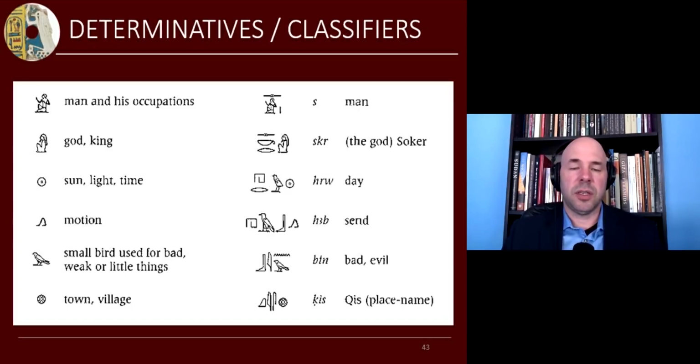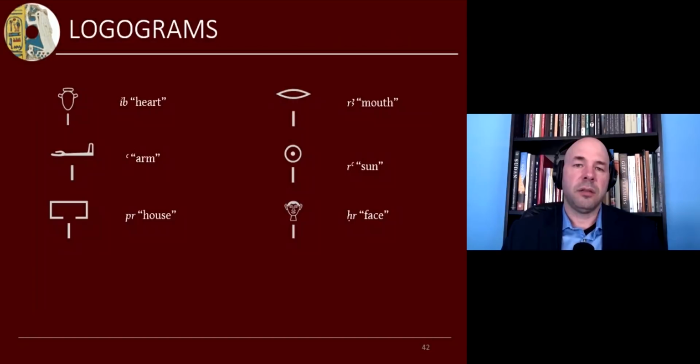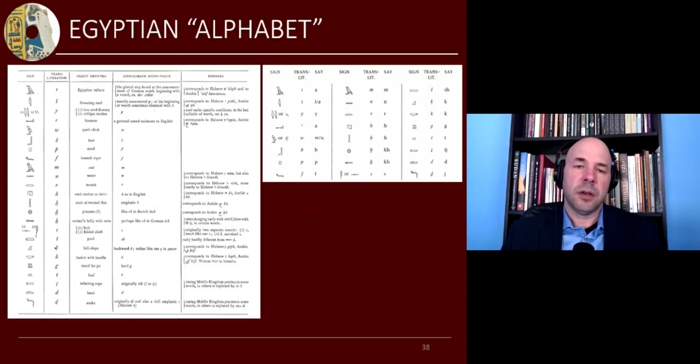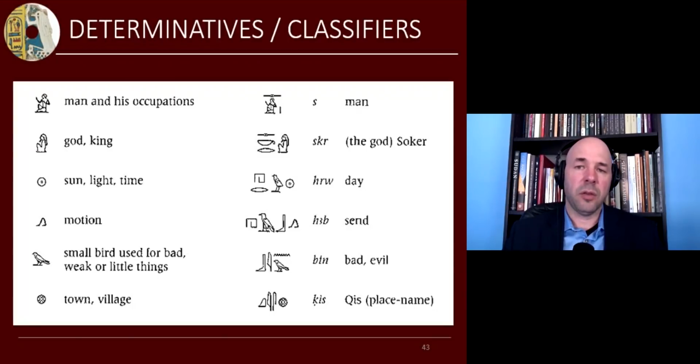So for example, you can see in the top row, the seated man. You want to write the word for man. You use the bolt sign. So if we go back to our single consonantal signs and you look down the left, about 2/3 of the way down, you'll see that there's a door bolt sign that stands for the sound S. And we use that followed by this determinative of a seated man in the stroke, and that's how they write the word for man.